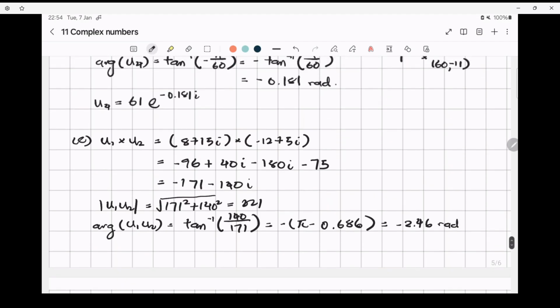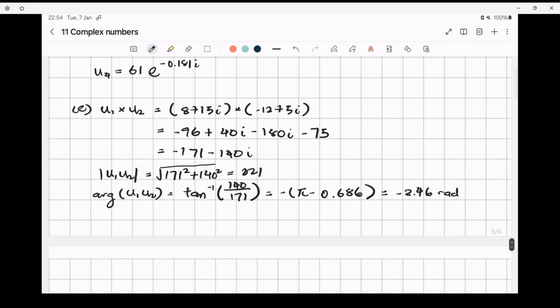So if you do the multiplication using x plus iy, or a plus bi, for example, and then convert after you perform the calculation, you will get this answer. So in this particular way, the resultant complex number in polar form will be 221 e to the minus 2.46i. Alright?